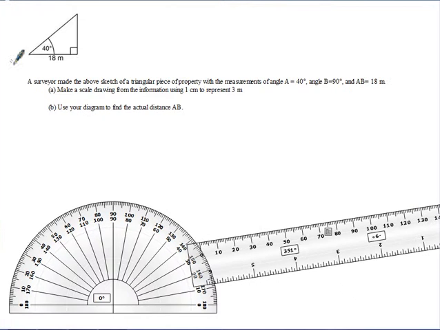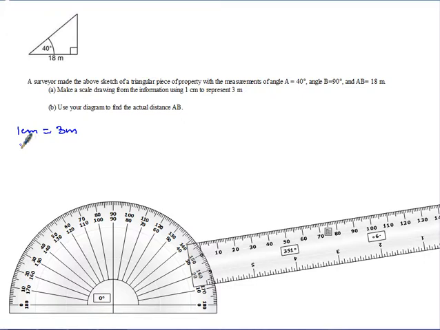The first side we should choose to draw is the side that is 18 meters long. Now remember, the question said we're going to use 1 centimeter for 3 meters. Then for 18 meters, how many centimeters do we need? We're going to get that by dividing 18 by 3.